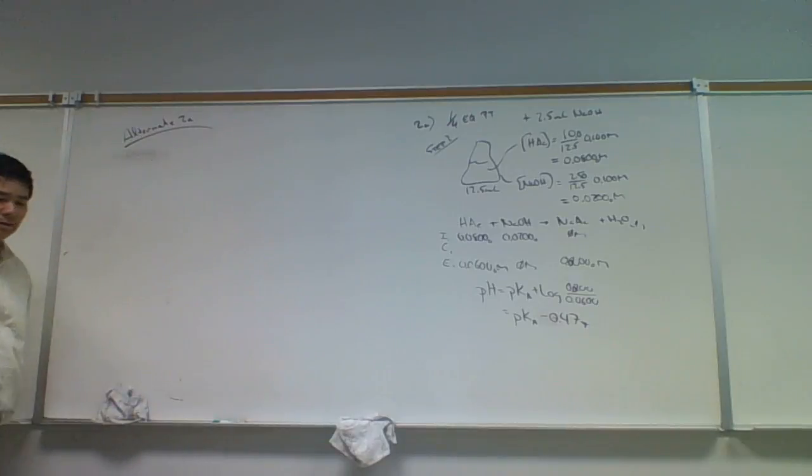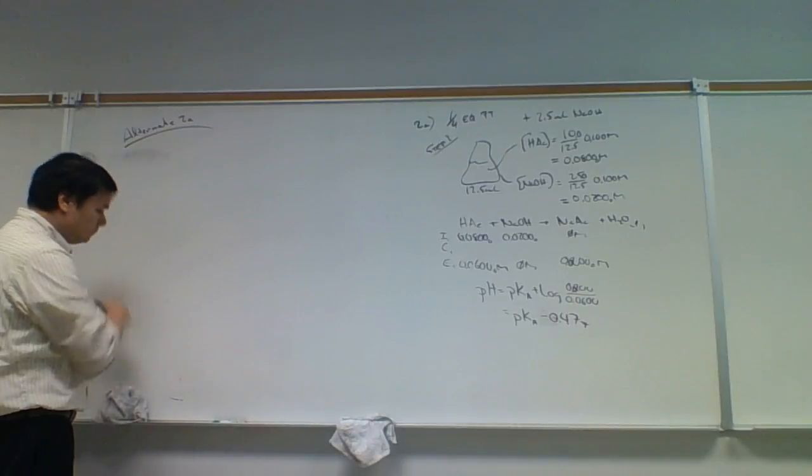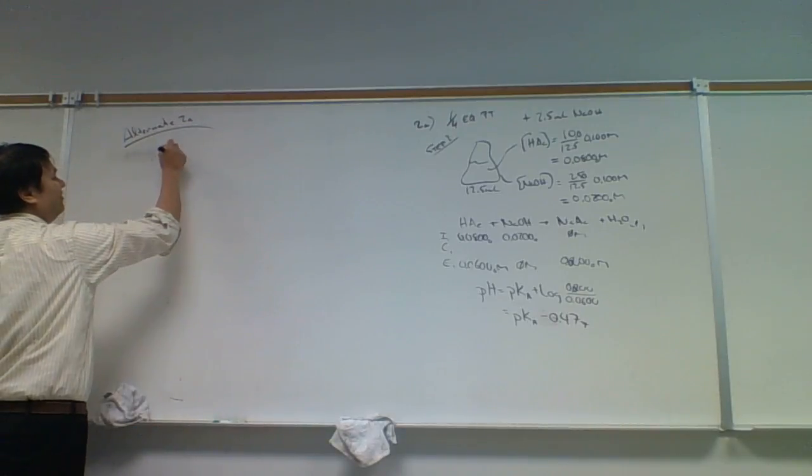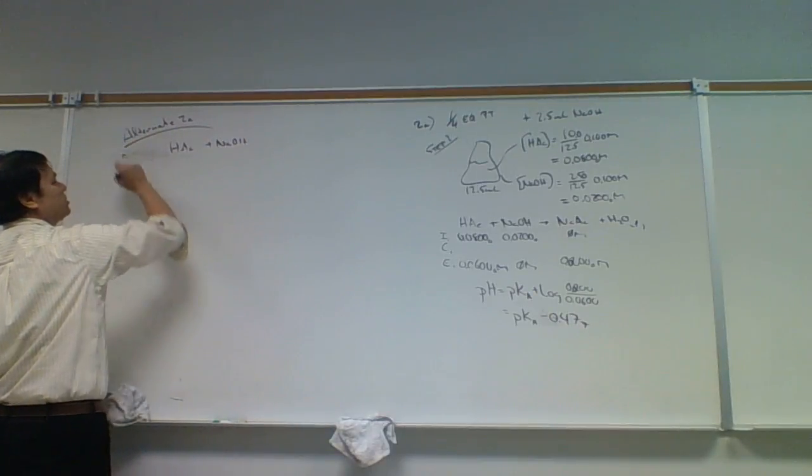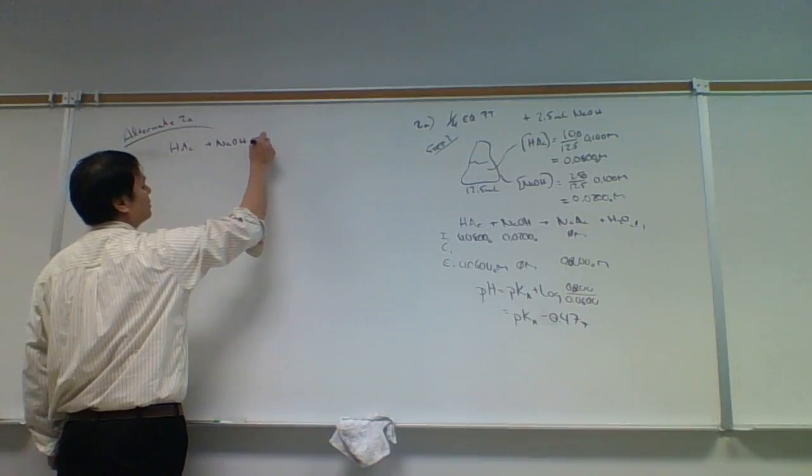In fact, we'll just stick with this method from now on in the buffer region because this is it. And so, I'll just set it up. This is just to show how this works.